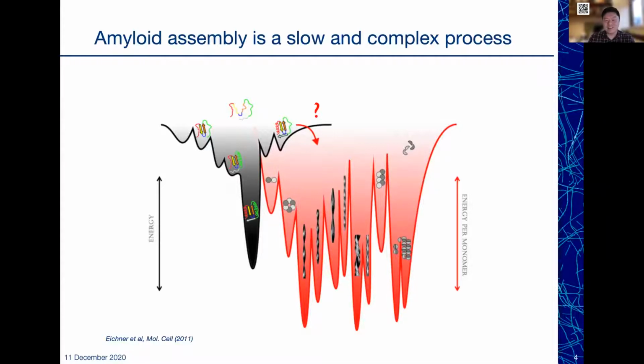In any case, when the monomers come together and form amyloid fibrils, they have to cross the so-called energy barrier, and therefore the process takes time. And you can also form a lot of different types of fibrils, even from the same monomer. Like what I'm showing here, basically the so-called energy landscape is quite rugged in some ways.